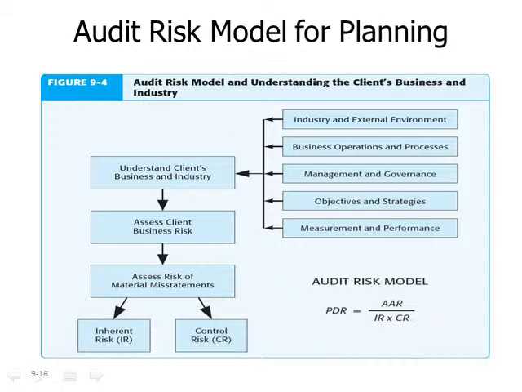As a result of understanding that client's business and industry, we're able to assess the client business risk. Once we're able to assess the client's business risk, we're able to break that down into the elements of risk of material misstatements, which are the inherent risk and the control risk.